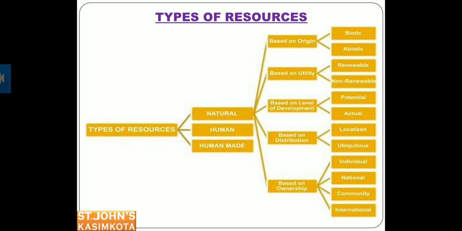Based upon level of development we can classify as potential or actual resources. Based on distribution, localized or ubiquitous. You can see that clearly. Based on ownership, individual, national, community or international resources.